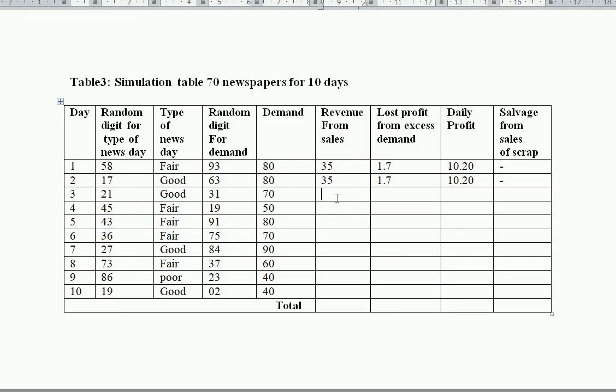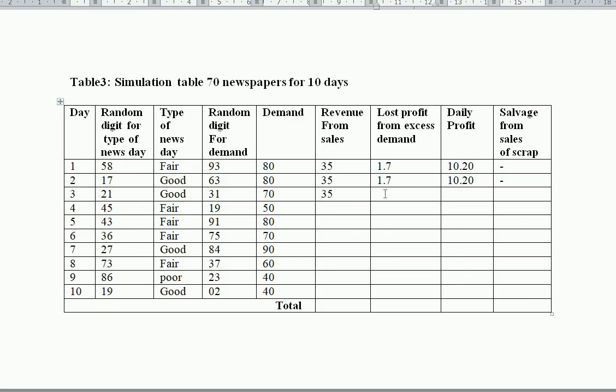Next is day 3. On day 3 we have a demand of 70, and the newsstand purchased 70 newspapers itself. They are going to sell them for 50 paisa, so the revenue from sales is 35.